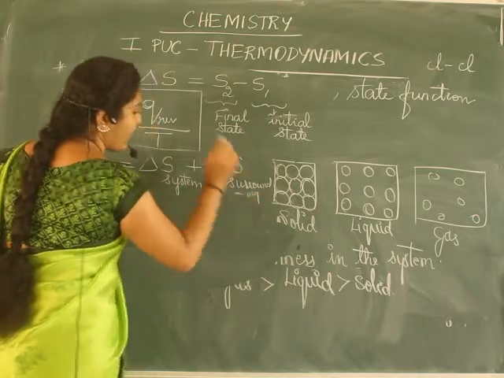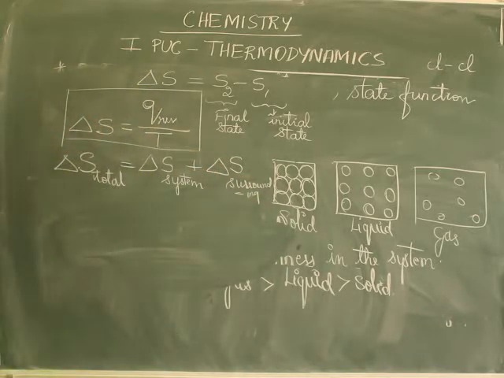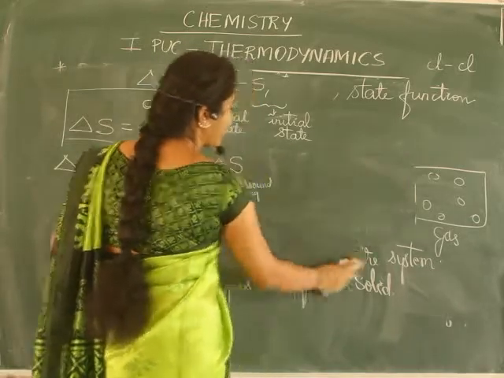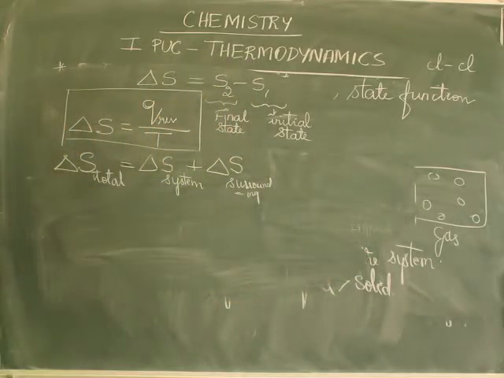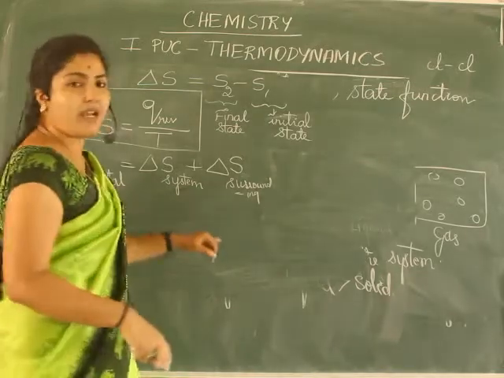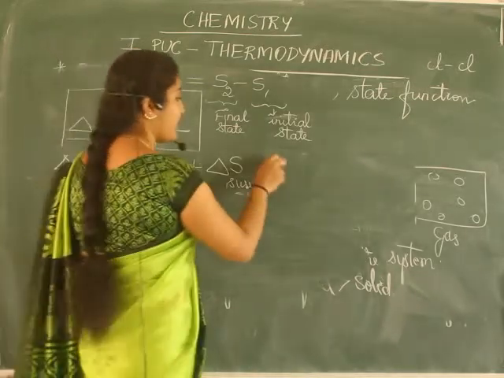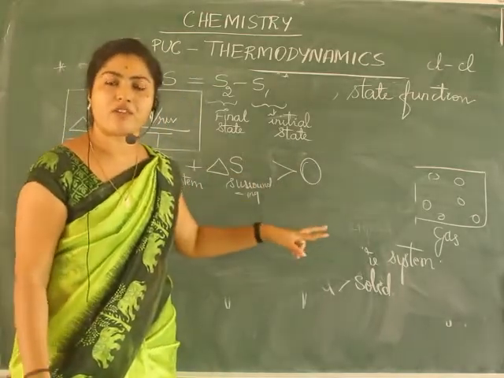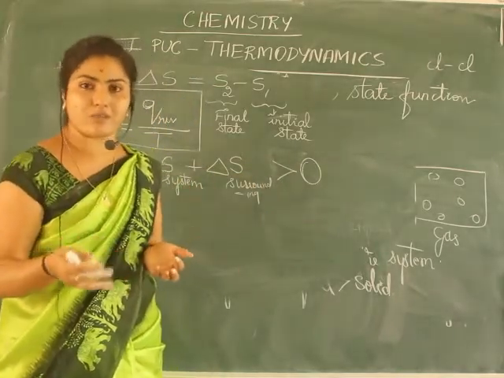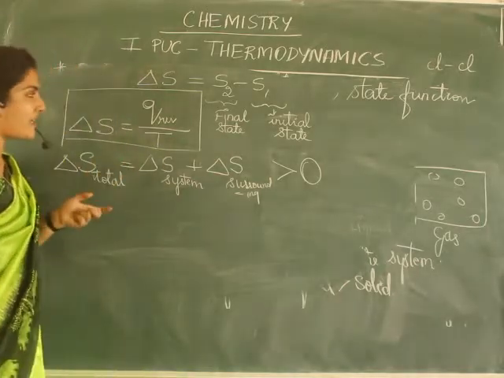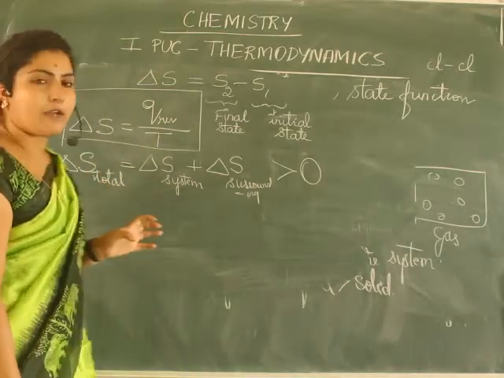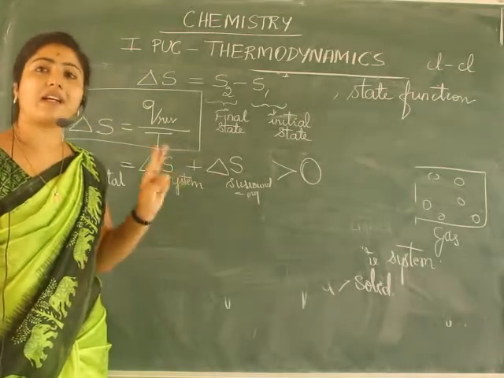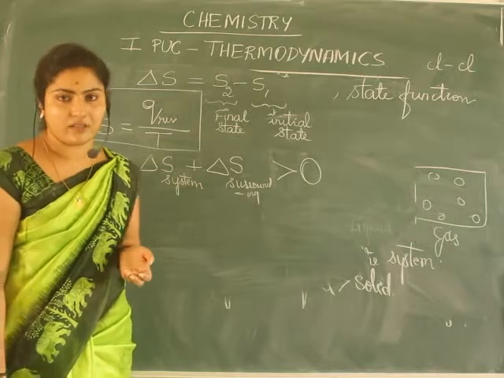So if we say entropy in the universe, you have to see what is the entropy within the system and what is the entropy outside the system. Outside the system we call it the surroundings, and the total entropy will always be greater than 0. That means it will be positive. Positive means it is more, disorderness is more. So these are some important expressions that you have to understand for entropy. Using this entropy, we can calculate the conditions for spontaneity of the reaction also.